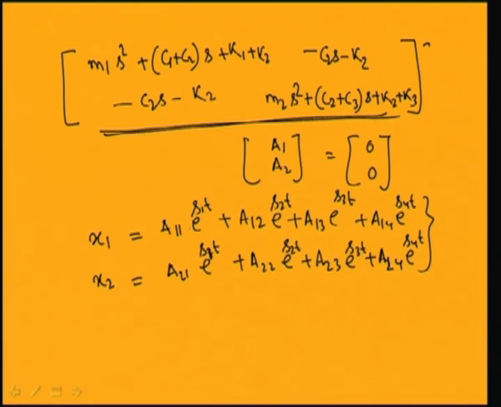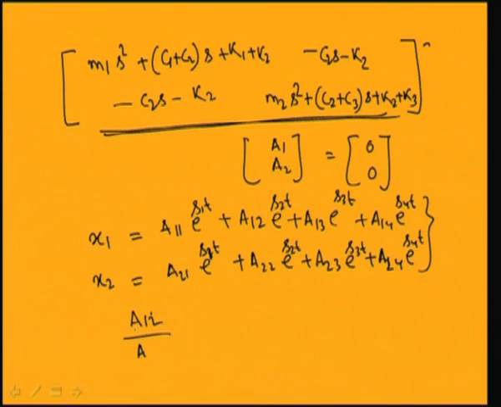You may note that this a1i and a2i are not independent. They are dependent on each other, or linearly dependent. So after finding these 4 roots, for the first set of roots you can substitute and write this into a1i plus this into a2i equals 0.